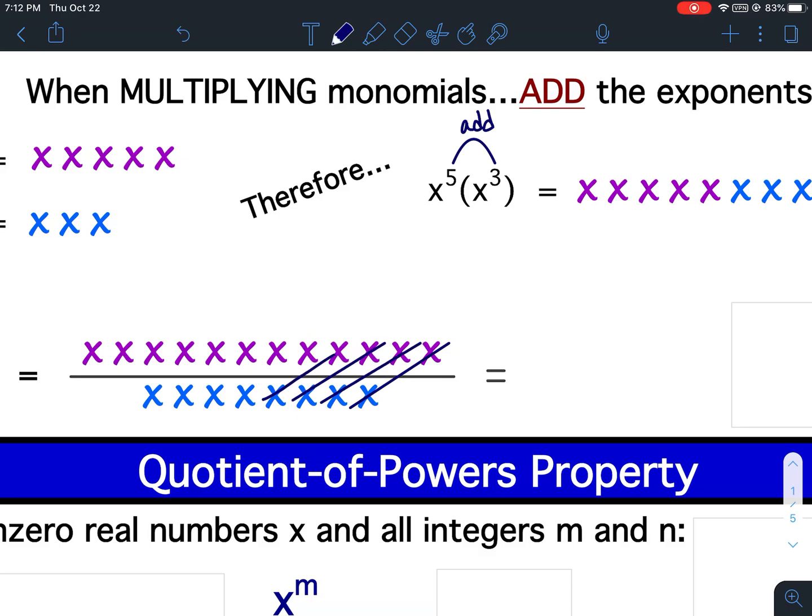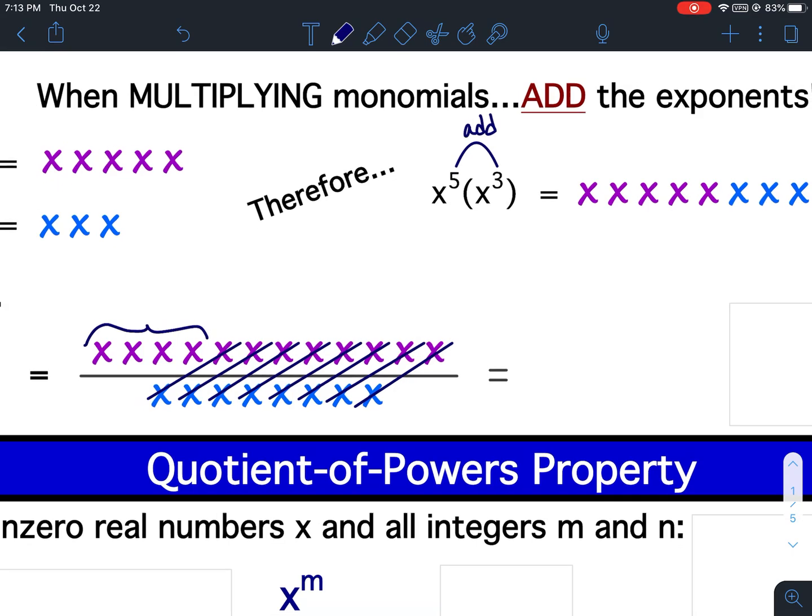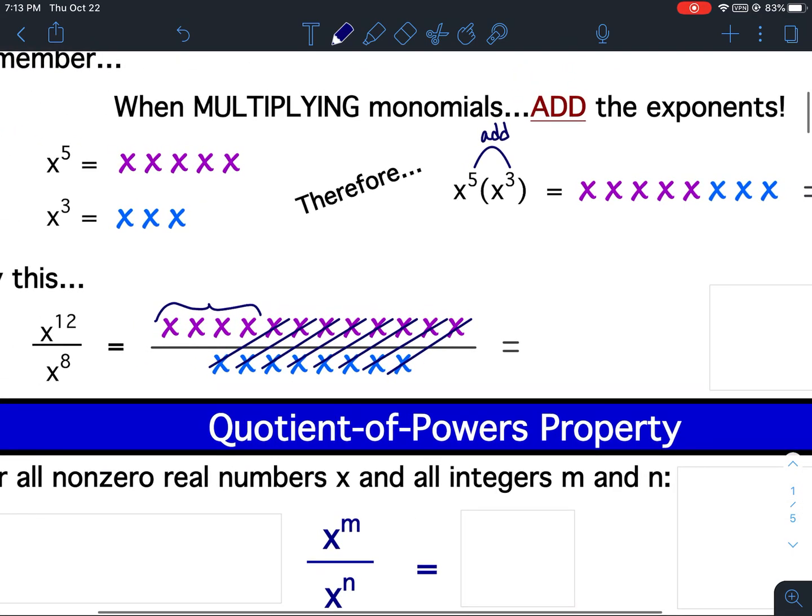And I would just keep going until I've canceled every x in the denominator. So there were 8 x's in the denominator that canceled with 8 in the numerator, leaving just those 4 x's. So x to the 12th divided by x to the 8th becomes x to the 4th.